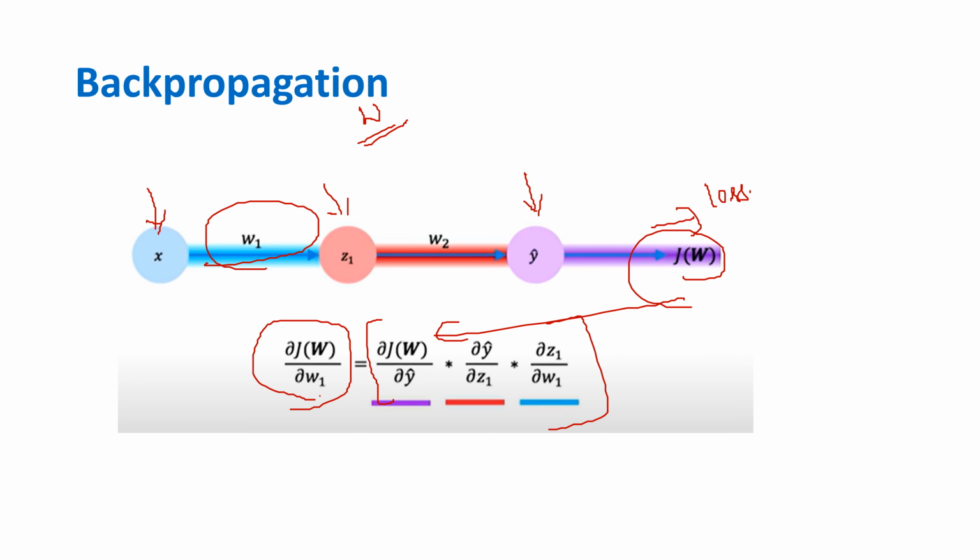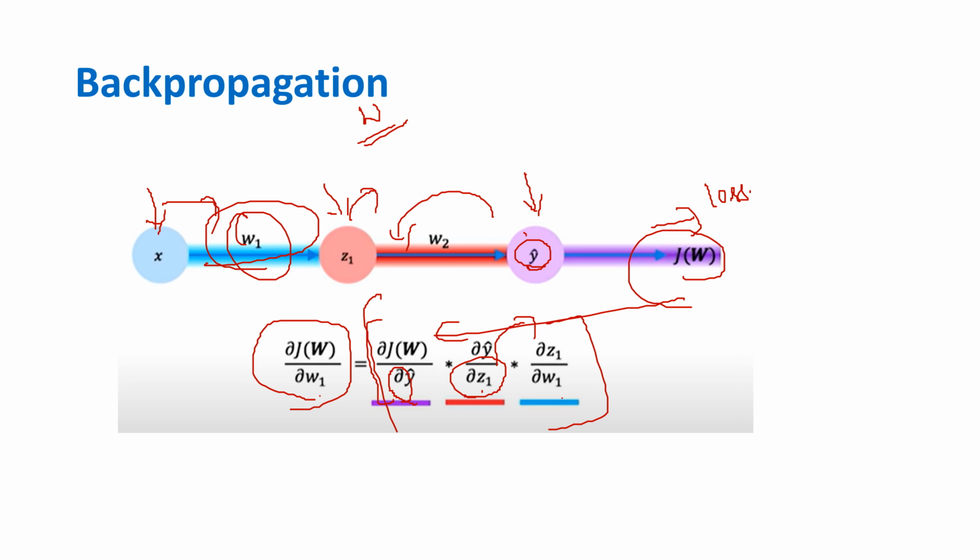Because this weight is associated with the predicted value y, and this predicted value is in turn dependent on the z1 output emitted by the activation layer in the middle, and this in turn is dependent on the w1 that was emitted by the input layer.